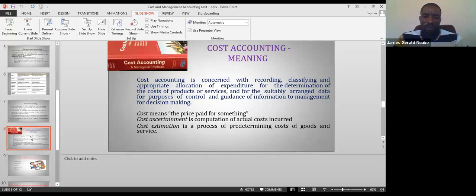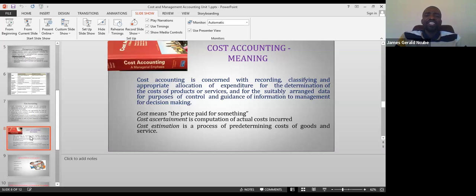Right. Let's also try to break down the meaning of cost accounting. You will notice that cost accounting is concerned with recording. That's a very important point. Classifying and appropriately allocating expenditure.